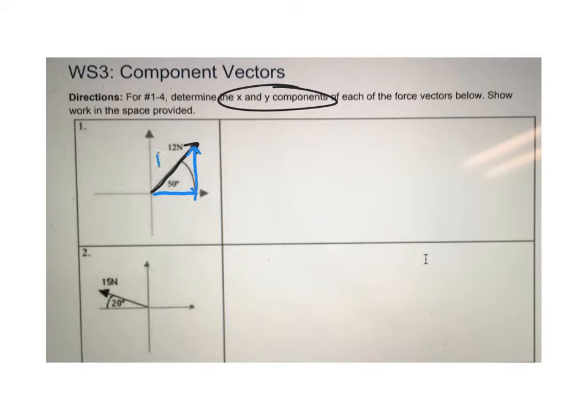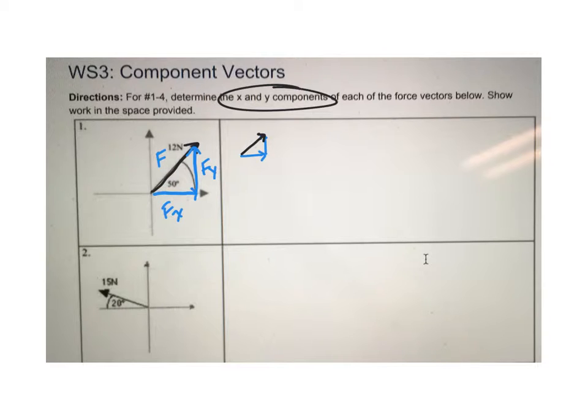If we call the initial force the force, this one down here is the force in the x direction, and this is the force in the y direction. If you add vectors together tip to tail, the force in the x direction plus the force in the y direction would equal the total force.